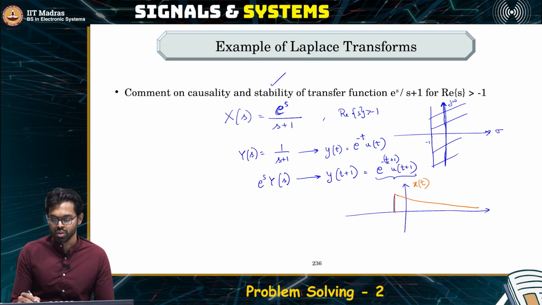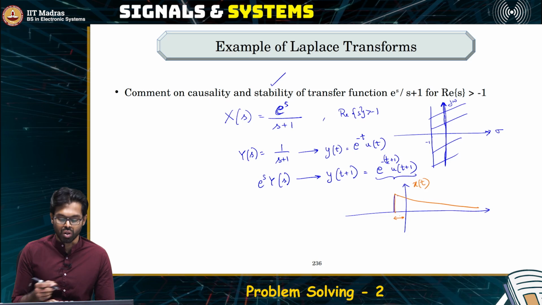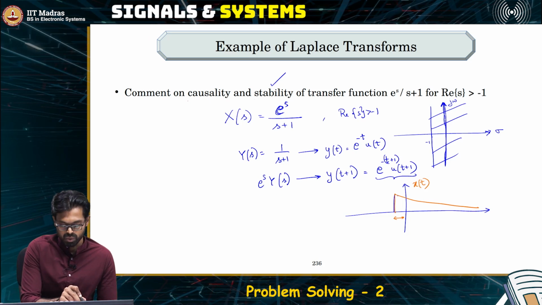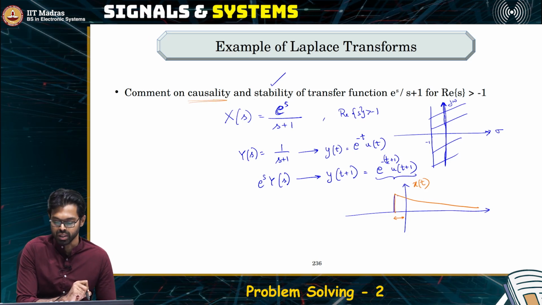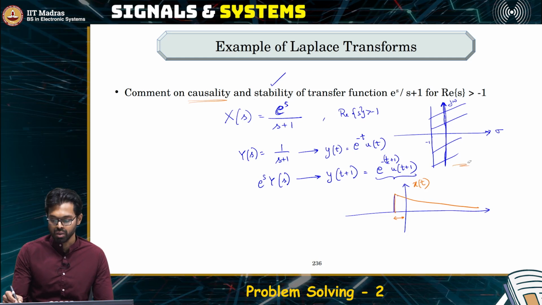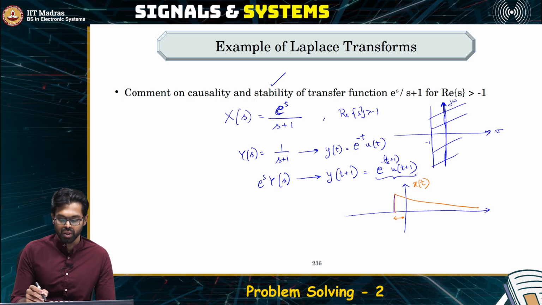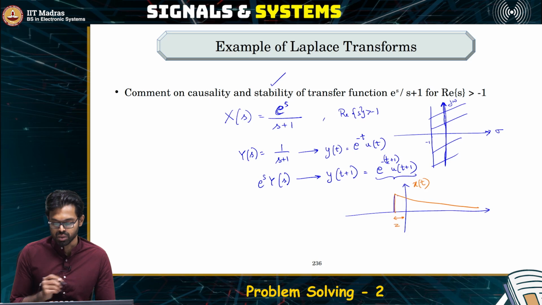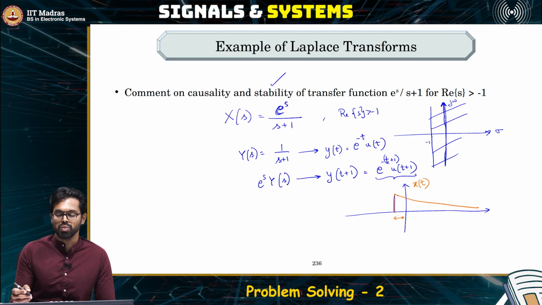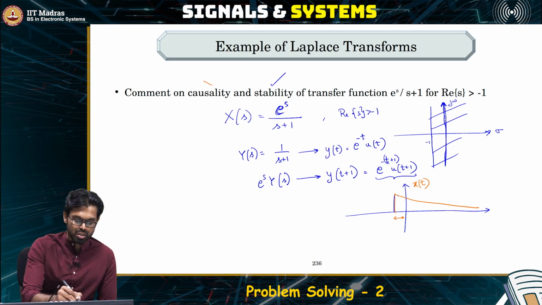Clearly, the signal is non-zero for negative values of time, which means this is non-causal. As we saw in the discussion of the properties, just because the ROC is right-sided, we cannot comment anything about the causality. Here the ROC is right-sided and the system is stable, but if we find the inverse Laplace transform, there are non-zero values for negative time, and hence this is a non-causal system.